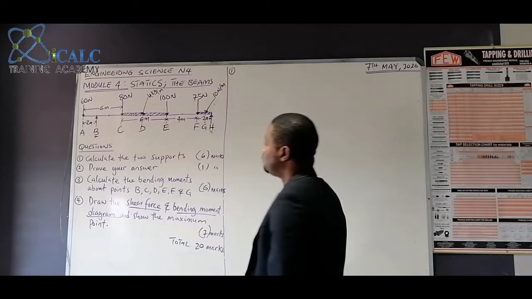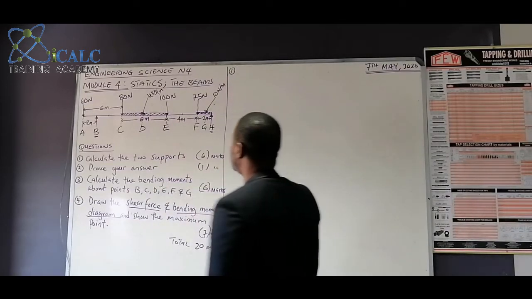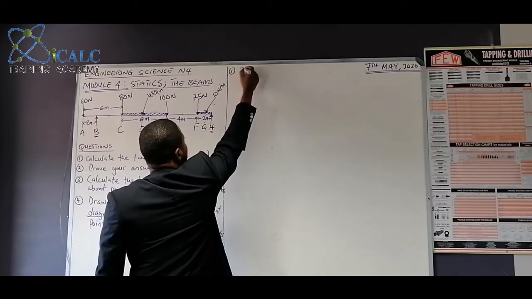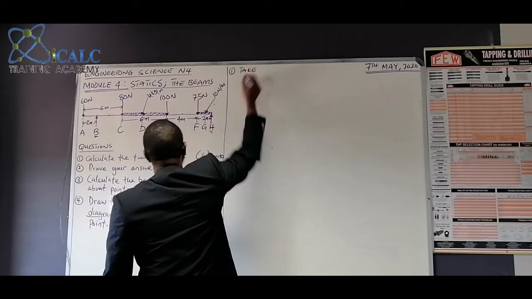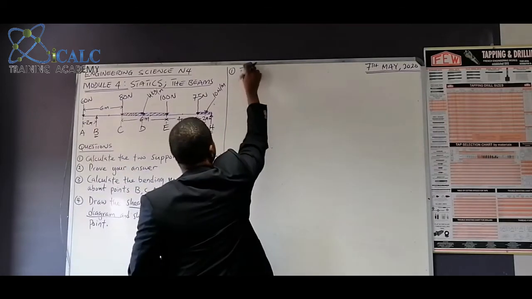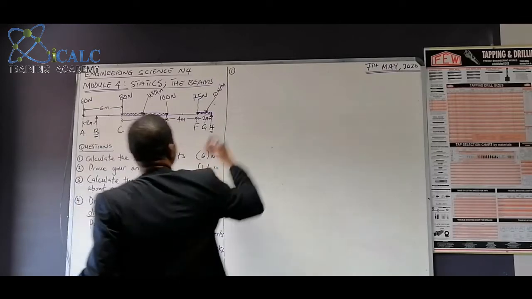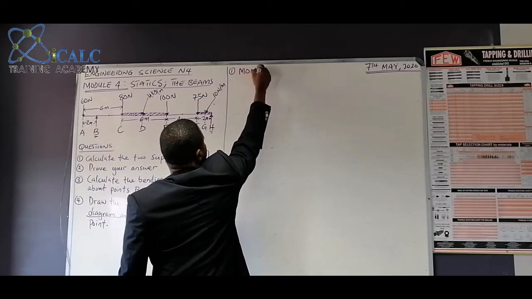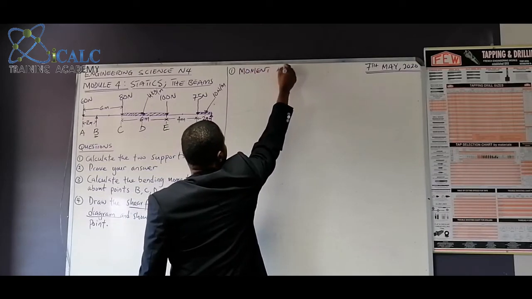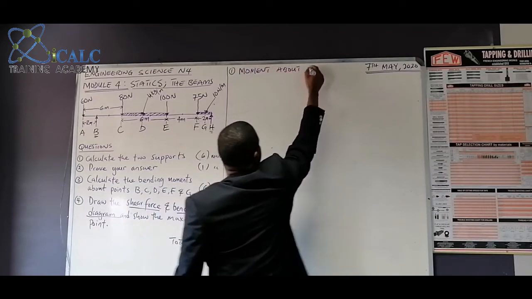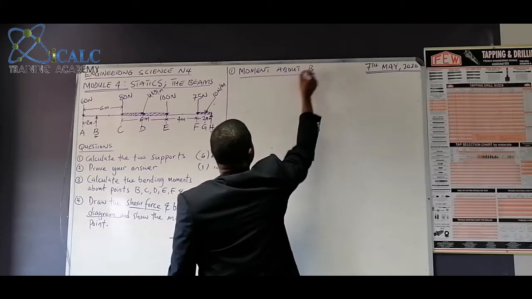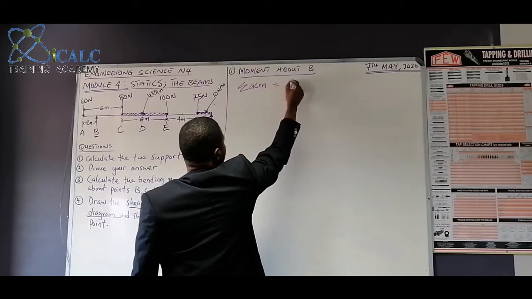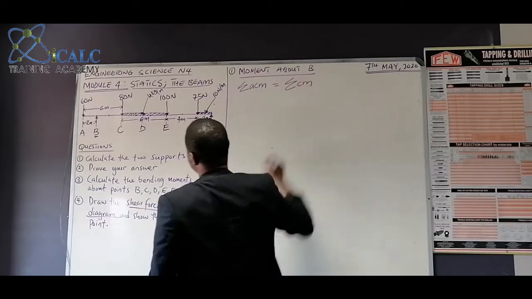Number 1, they are asking us to calculate for the two supports. We have B and we have H. So we want to take moment about support B. And we say the sum of anti-clockwise moment will be equals to the sum of clockwise moment.